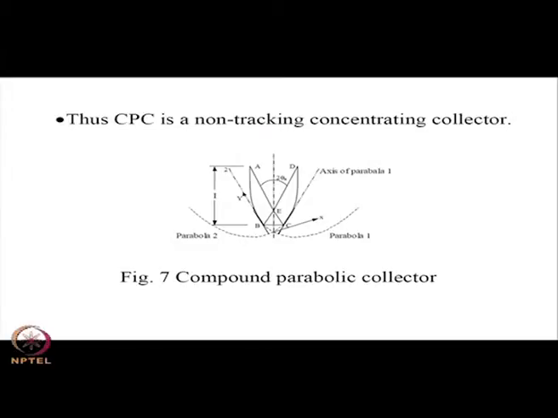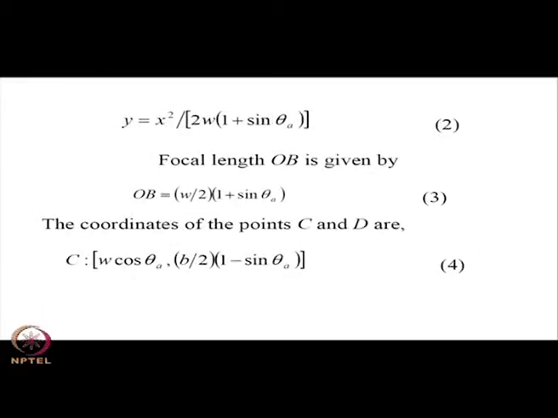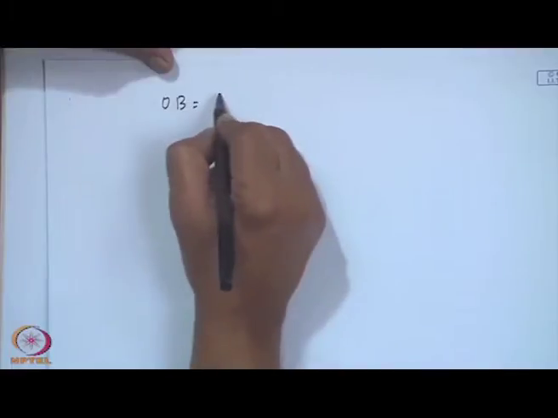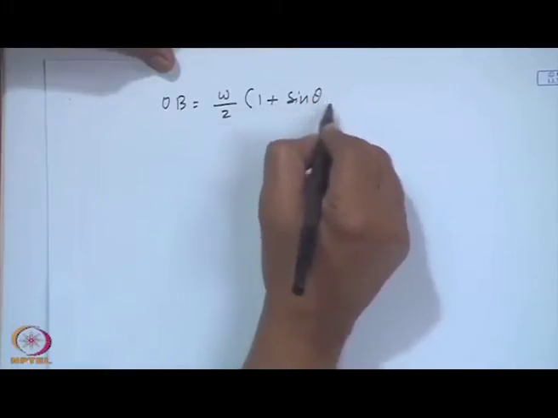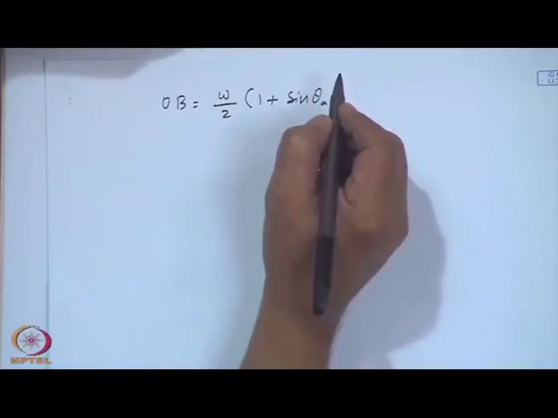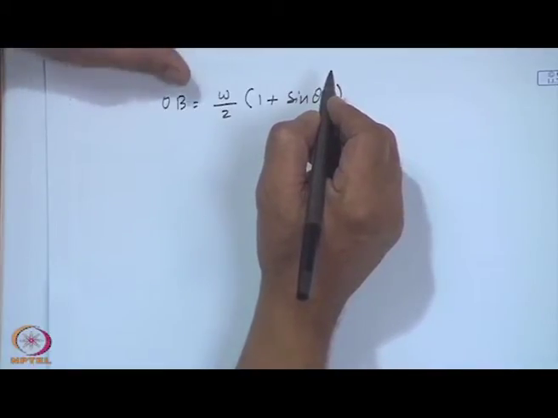O is the origin, where the parabola 1 and parabola 2 have the axis, the vertex of the coordinate system. Simple trigonometric calculation will show you that OB will be equal to W by 2 times 1 plus sin theta A.